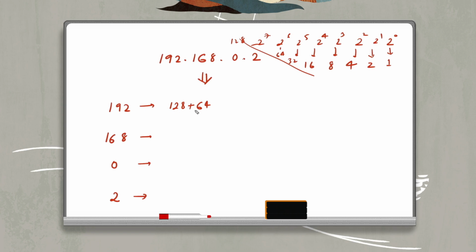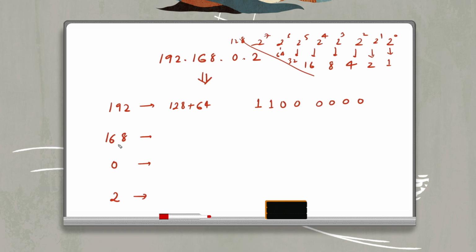So you just need to turn on these bits. 2 to the power 7 means it will be 1. Then 2 to the power 6, which is 64, is 1. 32 is not required here because 128 plus 64 will make 192. So the rest are 0, 0, 0, 0, 0, 0.